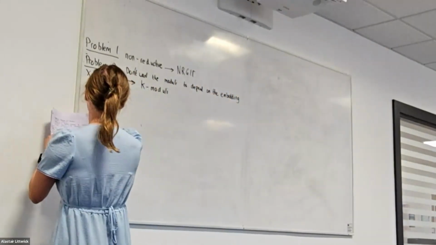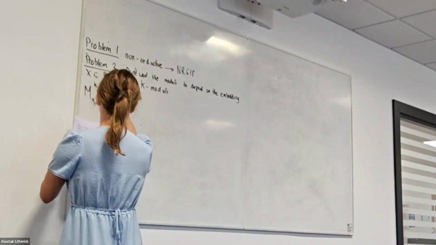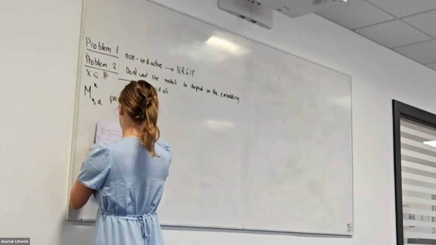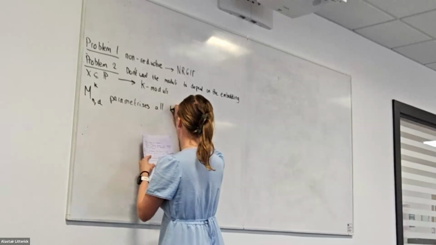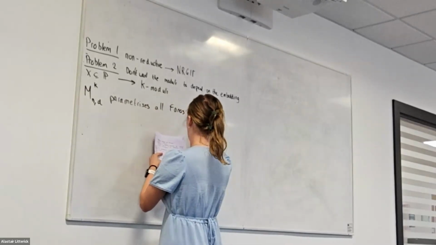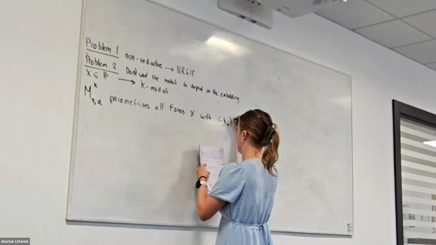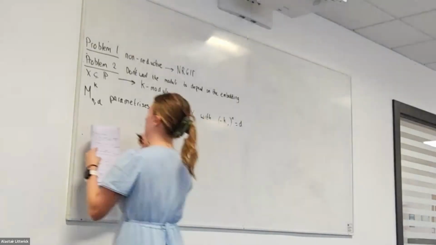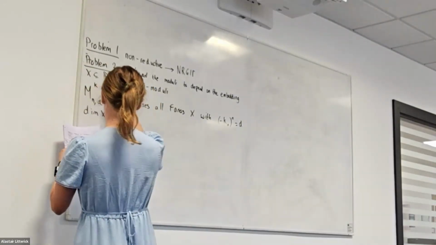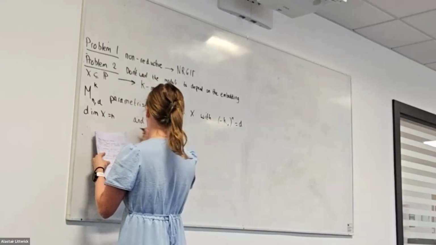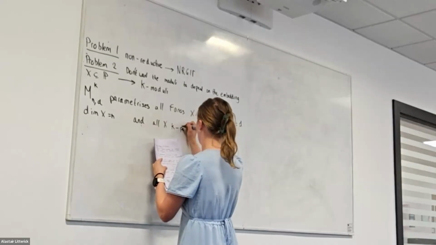Our K-moduli, M_{n,d}^K, parameterizes all Fanos X with (-K_X)^n equals d, where the dimension of X is equal to n, and all X are K-polystable.